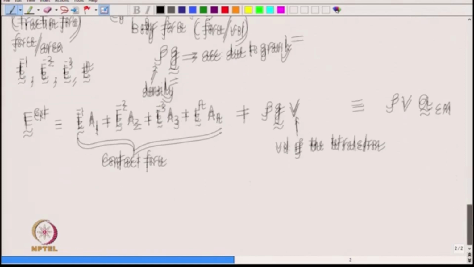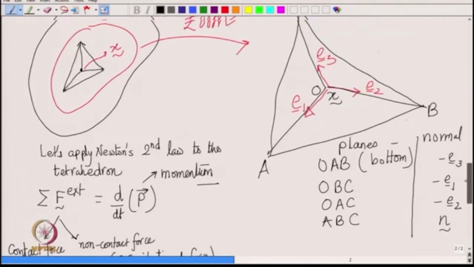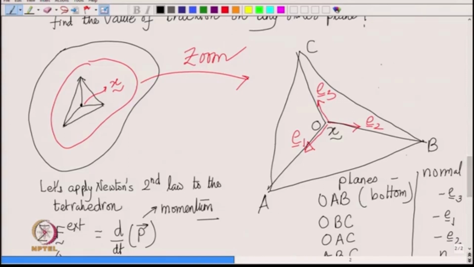So, we have got this equation based on Newton's second law. Now, we have to do some trick. Can we write down volume in terms of the area, for example? If you look at this tetrahedron again, suppose H is the perpendicular distance of ABC from the vertex.